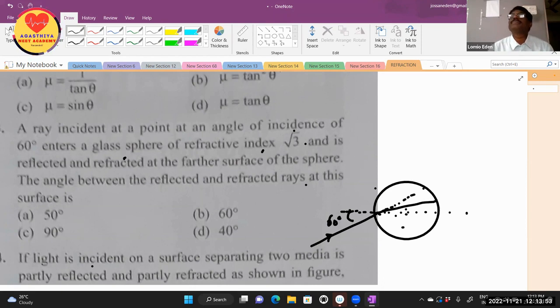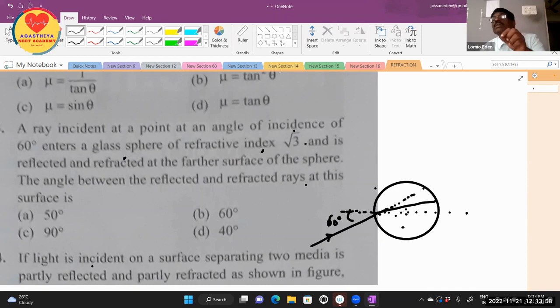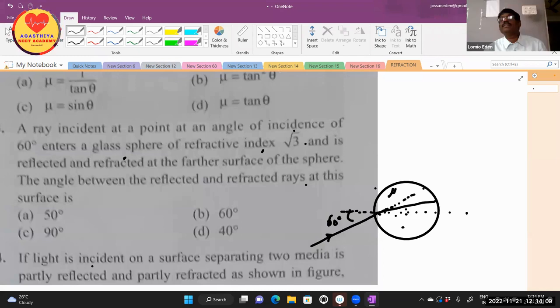Then it is incident on the inner surface of the glass sphere. Its refractive index mu is √3. When it is incident on the inner surface of the sphere, it is partially reflected and refracted.